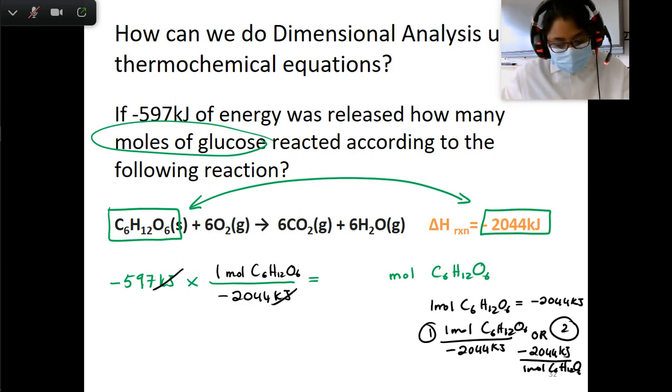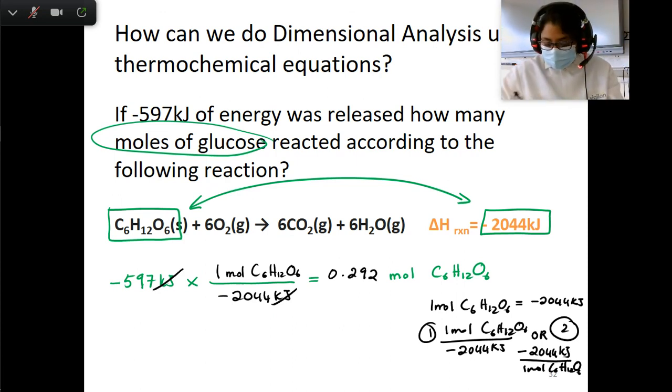So 597 divided by 2044 will give me 0.292 moles, okay? The negatives will cancel out to give us a positive value for moles, because moles is basically stuff, right? You can't have negative amount of stuff. So negatives have to cancel out. Make sure you follow that. You solve it the same way, okay?